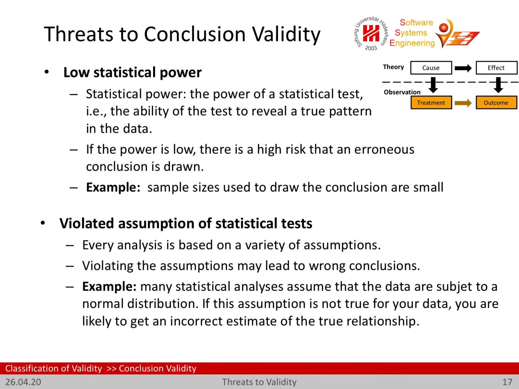So for example, many statistical analyses assume that the data is subject to a normal distribution. If this assumption is not true for your data, you're likely to get an incorrect estimate of the true relationship. And that can either be that you see a relationship where there is actually none, or the other way around.